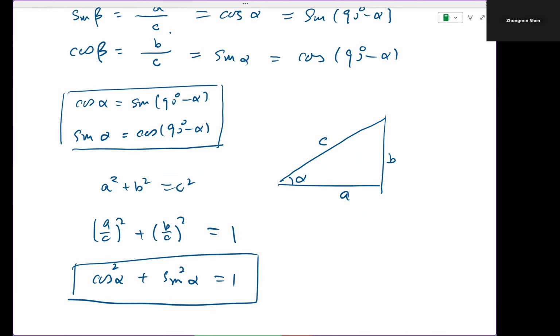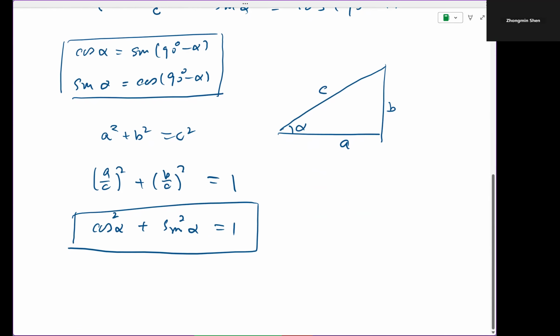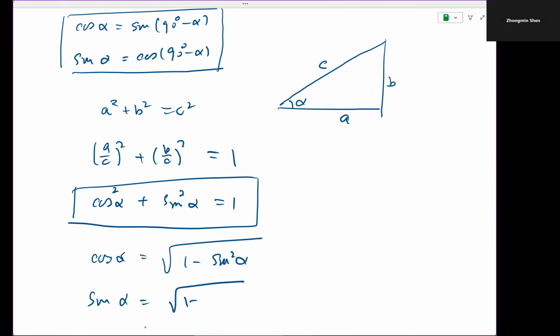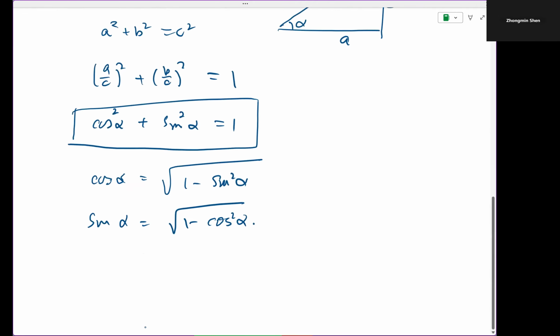So sine alpha and cosine alpha are essentially not independent functions. They are related. If you know sine alpha, you can get cosine alpha, and if you know cosine alpha, you can get sine alpha. So we can have the following question.